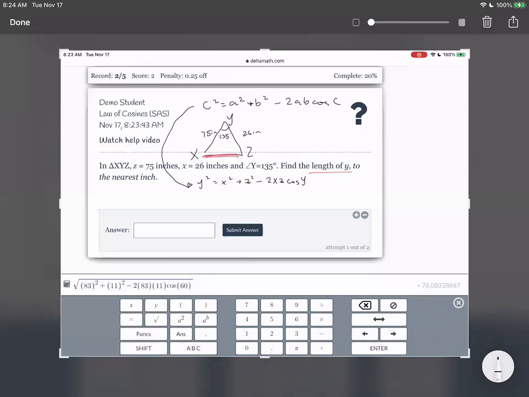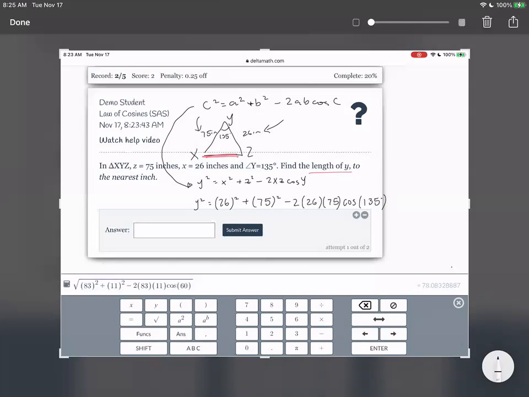And then we can plug it in. So y squared will be equal to our x squared, this side, so 26 squared, plus our z is over here, so z squared would be 75 squared, minus 2 times our x again, 26, our z, 75, and cosine of the angle 135 degrees.